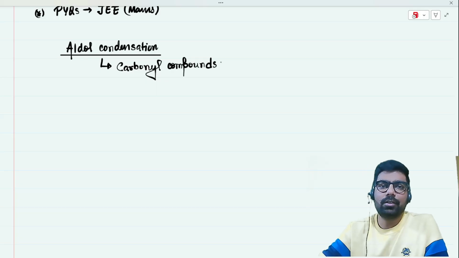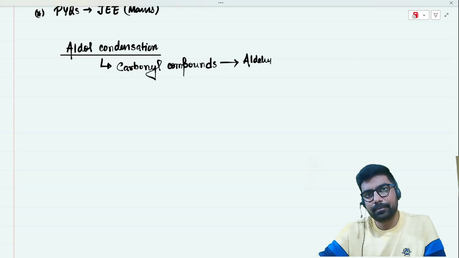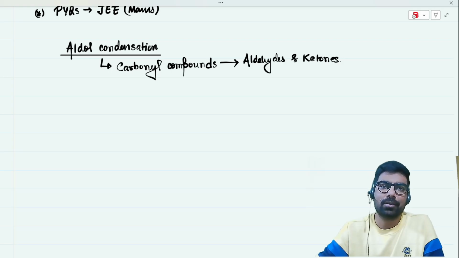Carbonyl compounds can be of two types. We know it can be aldehydes and ketones. Right? So aldol condensation can take place in any carbonyl compound.